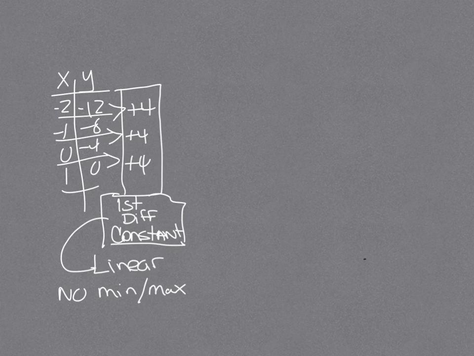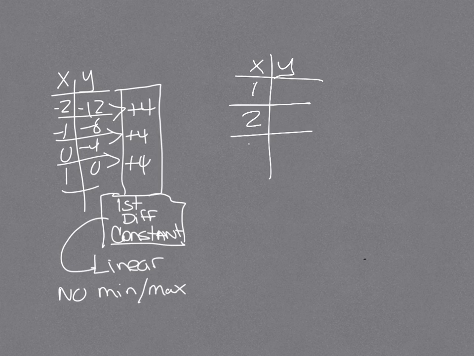Then if we have x and y, with x as 1, 2, 3, 4, and let's say y is 6, 24, 96, and then 384.